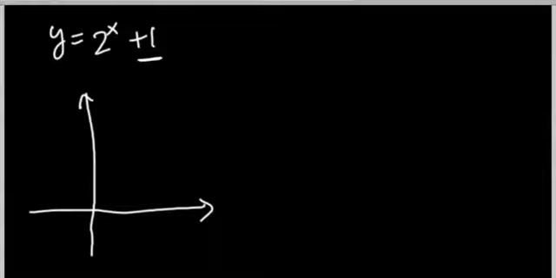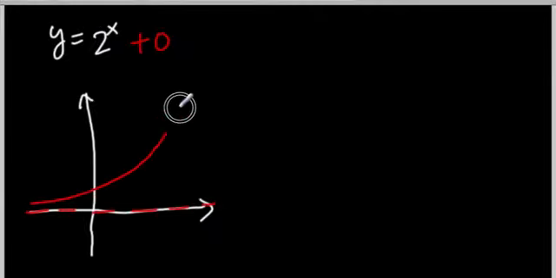Actually, you know what, I'm just going to draw y is equal to 2^x. So first of all, we need to determine what our asymptote is. And in this case, our asymptote is 0. So really, we could have just said 2^x plus 0. So the first thing you can draw is the asymptote, which is 0, which is right there, right? And since we know that b is greater than 1, this is exponential growth, so as a rough sketch, we can just say that this is growing up there, okay?